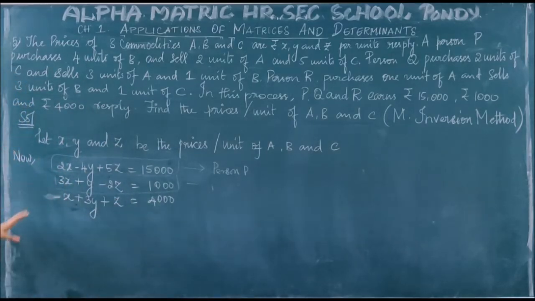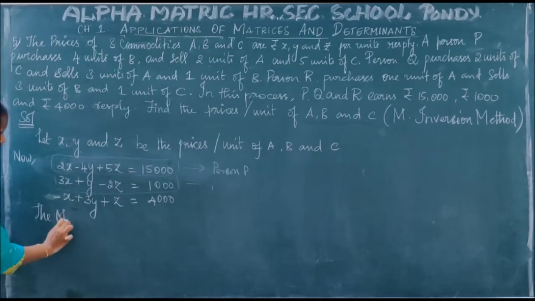So these are the equations we have framed from the given data, and now we can use the matrix inversion method to find the values of x, y and z. What is the first step? Getting the matrix equation.